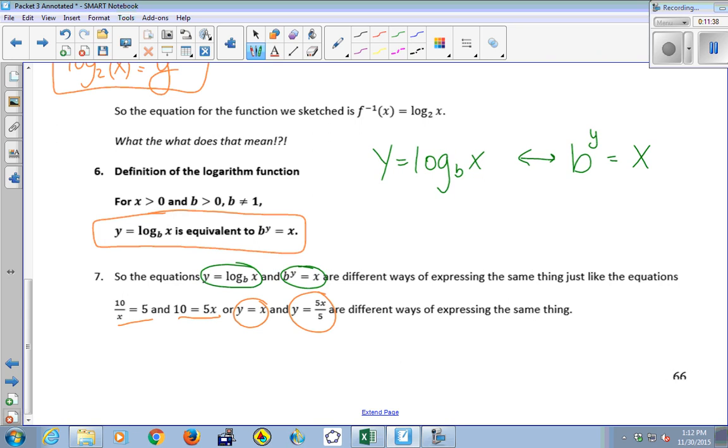All by itself on one side of the equation. And then the base is kind of handy: in both of those equations, b is called the base. In a log, it's the little subscript, and in the exponential, it's the base of the exponential expression. And then x is the only other thing left. So if you remember which one's the base and which one's the exponent, x is just the other thing.